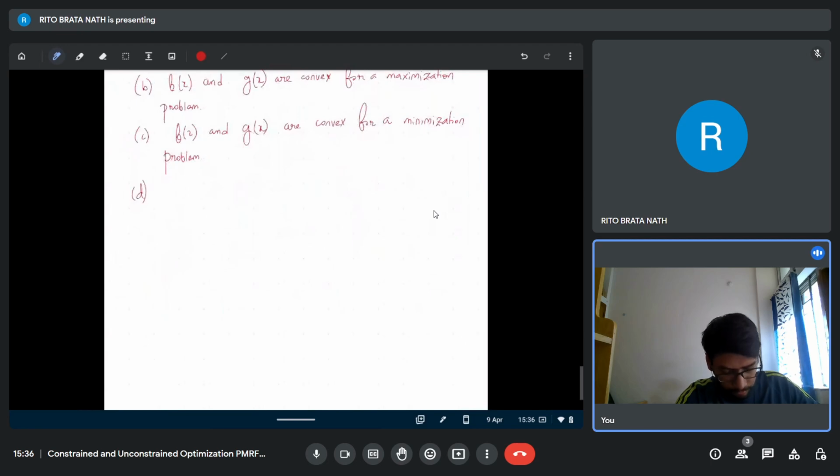And D, f(x) is concave and g(x) is convex for a maximization problem.